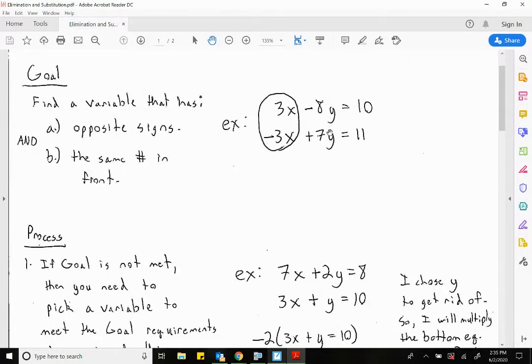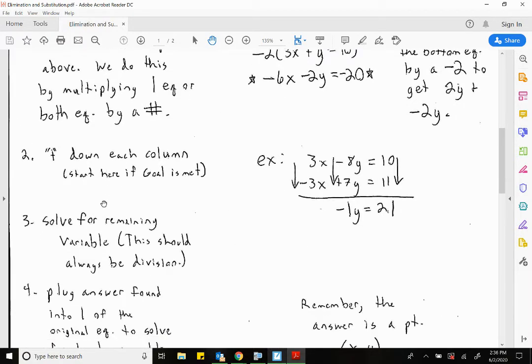But there's a second stipulation that must be met. Not only do you have to have opposite signs, but you also must have the same number in front. See, 3 and 3. That's the same number, and one's positive, one's negative. So this circle shows that the goal is met.